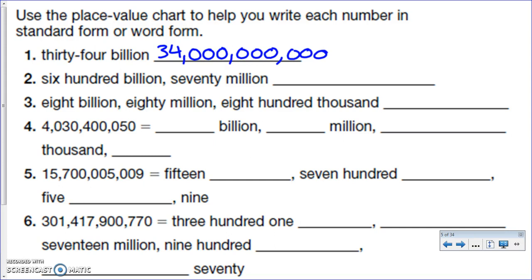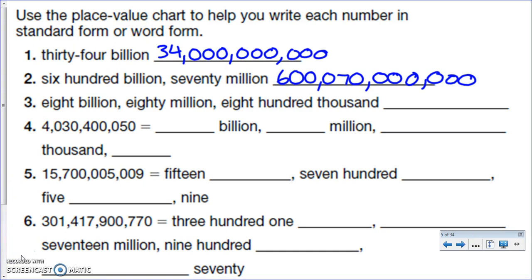For number 2, we have 600 billion, 70 million. So we're going to write our 600, then 070 to represent the 70 million, and then it's 6 zeros after that. And again, we've put the commas in where the periods are.